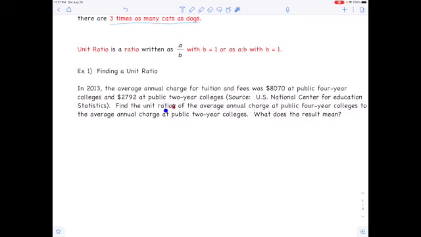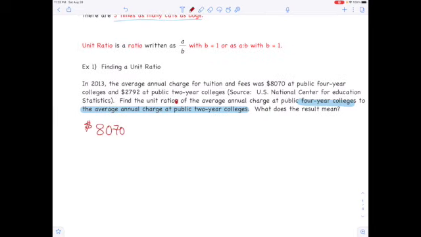Find the unit ratio of the average annual charge at public 4-year colleges to the average annual charge at 2-year colleges. 4-year first. What does the result mean? The 4-year college is $8,070 over the 2-year college, $2,792.